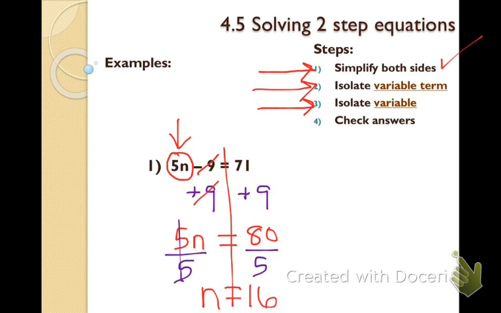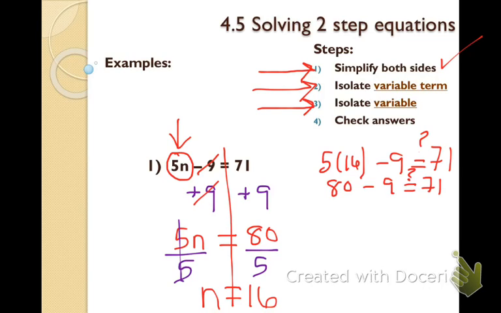Let's give it a quick double check. 5 times 16 minus 9, is it equal to 71? Well, that would be 80 minus 9. Is that equal to 71? It is. So I know it's right.